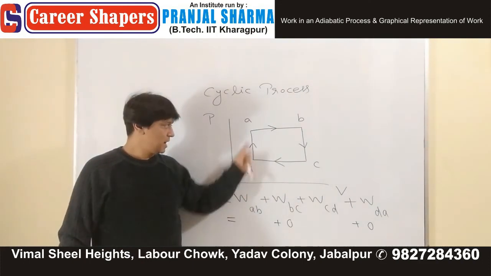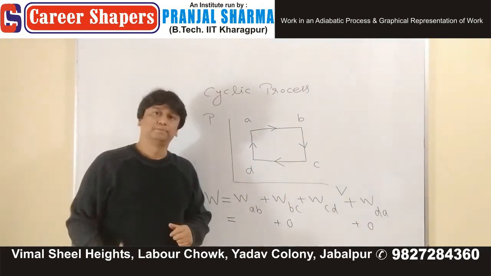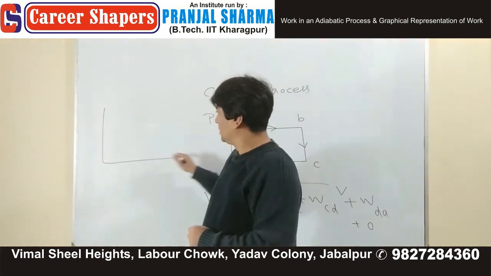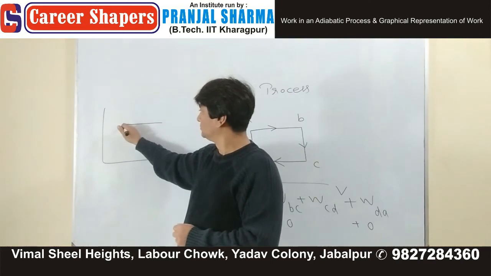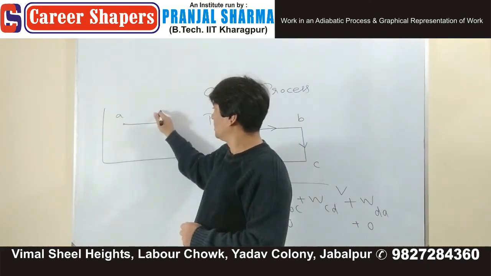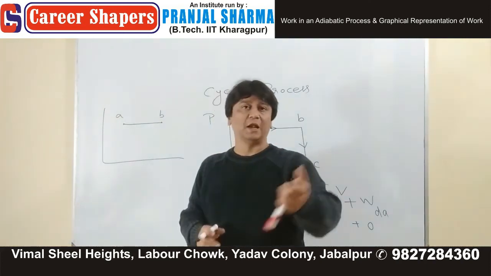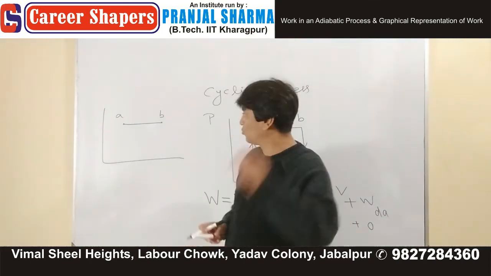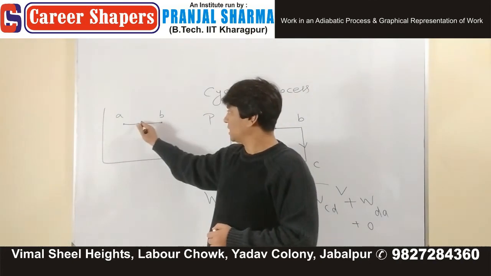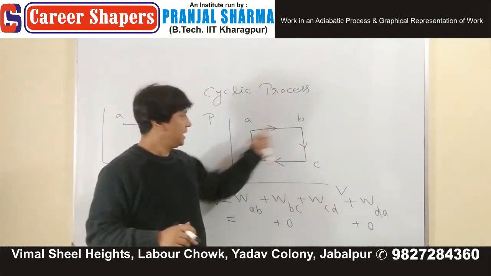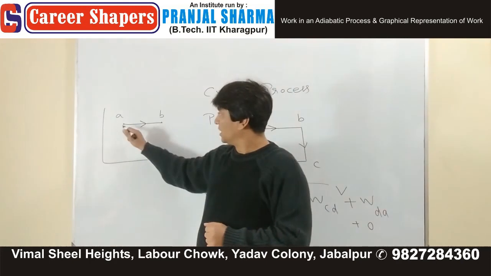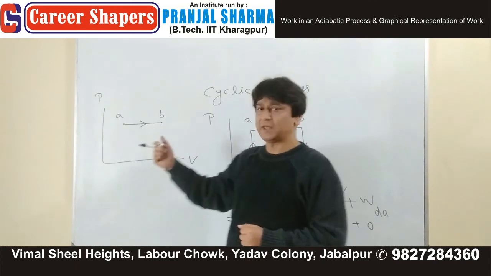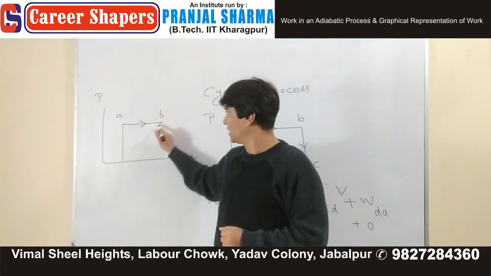Isochoric, isochoric. Now look here fast. Look at this AB portion. We'll use numerical values and then we'll write the statement directly because it's a very easy, statement type question. Just concentrate on the AB part. A to B. If I need work done for A to B and the graph is between pressure and volume, then I will immediately go for what? This much area.